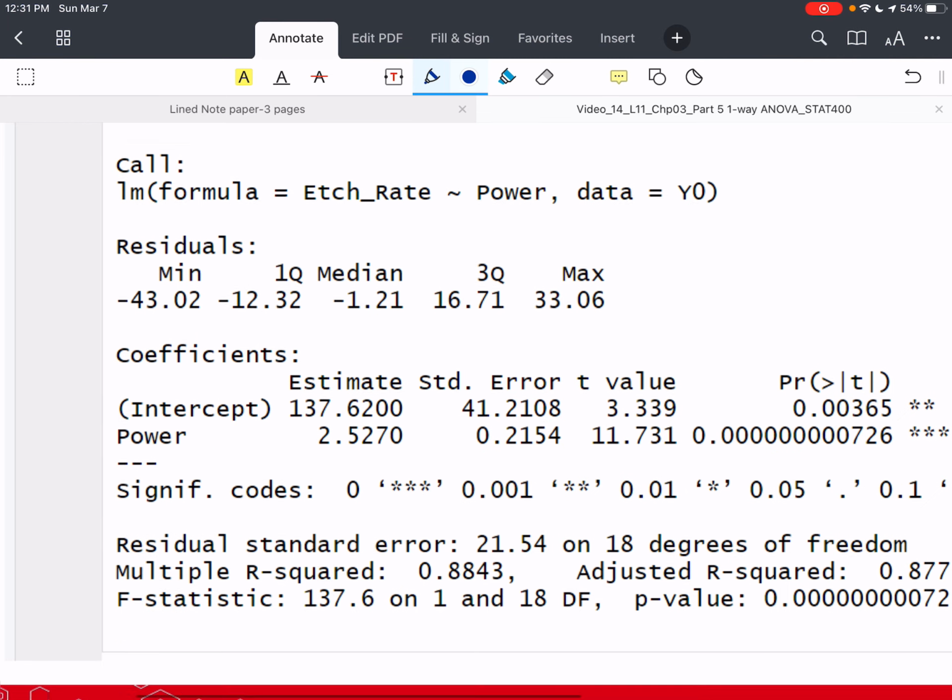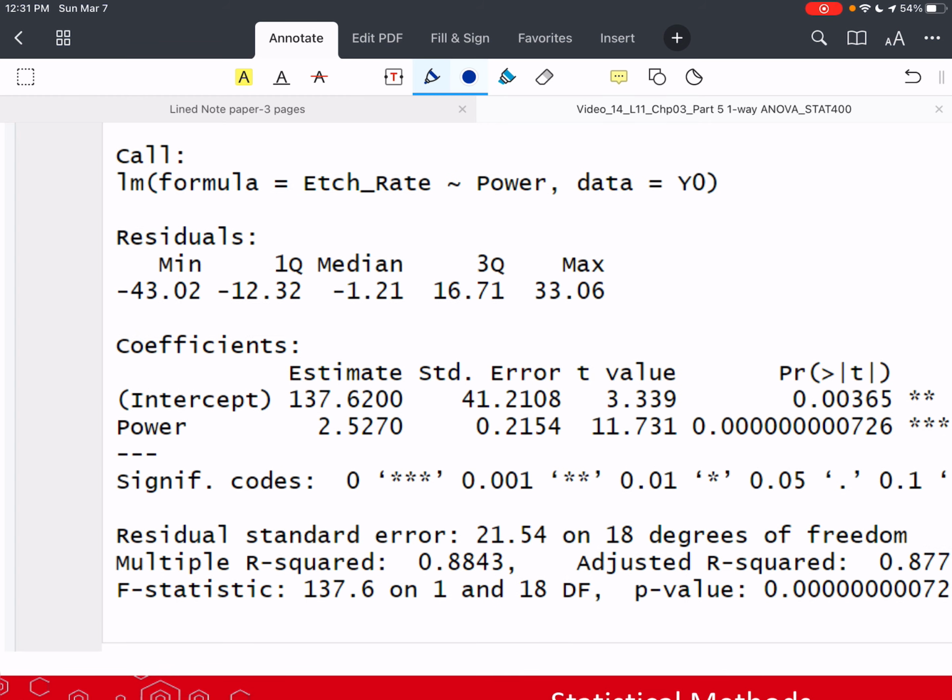Okay? And so when we do this, this is just the output as R gives it to us, not always pretty. So it tells us the formula we used. For the residuals, it gives us the 5-number summary that we could use for a box plot. Coefficients, so here we have the intercept, so alpha, and then this is beta.